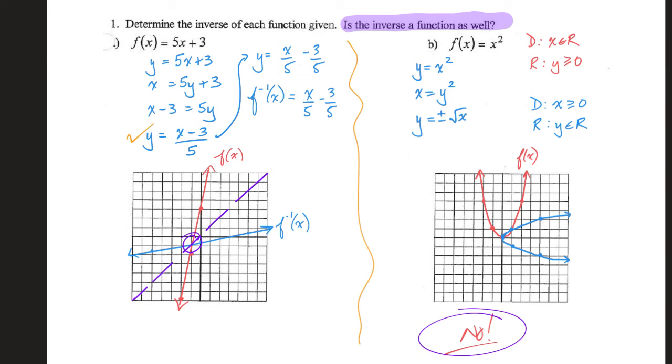So what I can do is focus in on maybe half of my parabola. So I just want you to take a look at the portion of my parabola that I'm going to highlight in orange. That right side of my parabola.